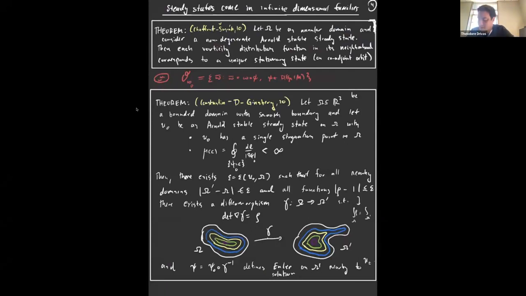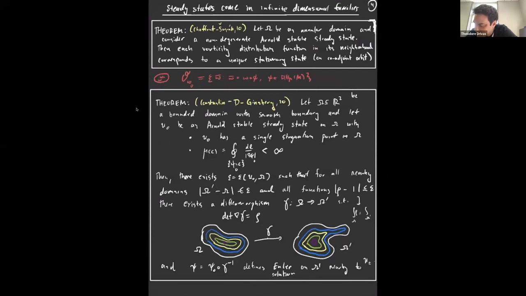Okay, so the difficulty in understanding behavior nearby steady states for Euler is that they come in infinite dimensional families. So there's really very many of them, and you don't know which one you're going to look like, or if you look like one at long time. And there's a couple of results that quantify this.